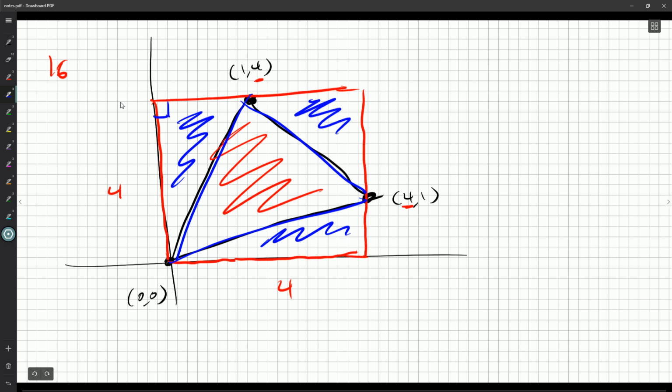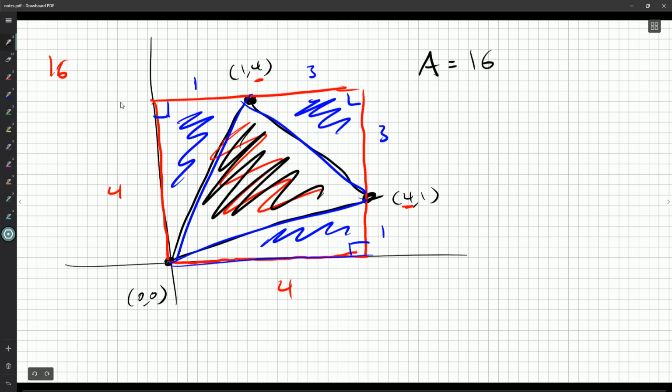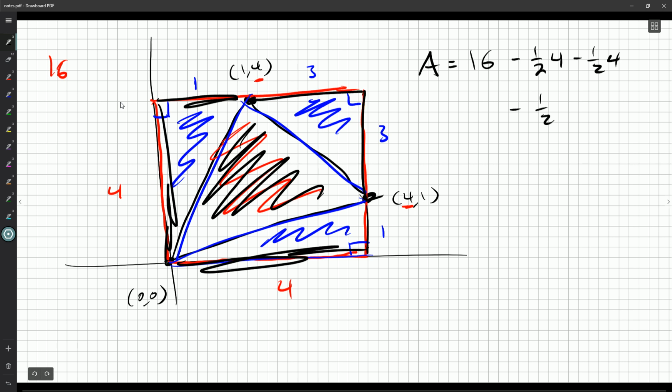These triangles are a little easier to work out because they're right-angled triangles and I can figure out their sides. We get a 1 here, and if the full side length is 4, then this must be a 3. This will be a 1, this will be a 3. So the area that we want, call it A again, is 16, the total area inside the red square, minus 1/2 base of 4 times height of 1, minus 1/2 base of 1 height of 4, minus 1/2 base of 3 height of 3.